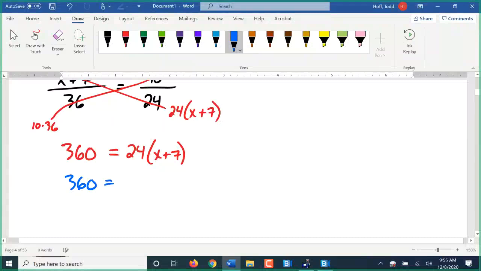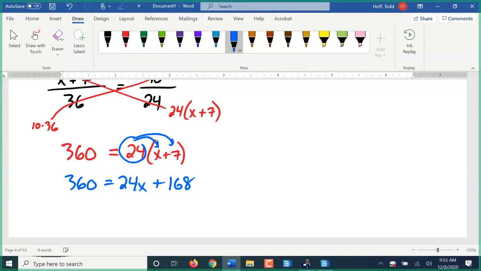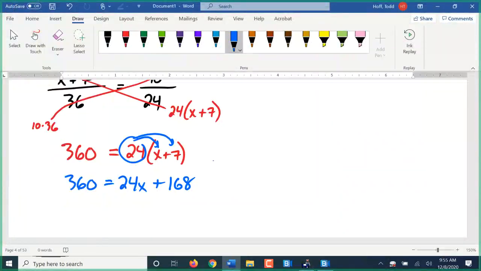That tells us we should do something there first. So there's nothing to do inside the parentheses. X plus 7 cannot be combined. So we'll multiply by the 24. 24 times x is 24x. 24 times 7, what is that? 168, I believe. I'll double check that. It is.